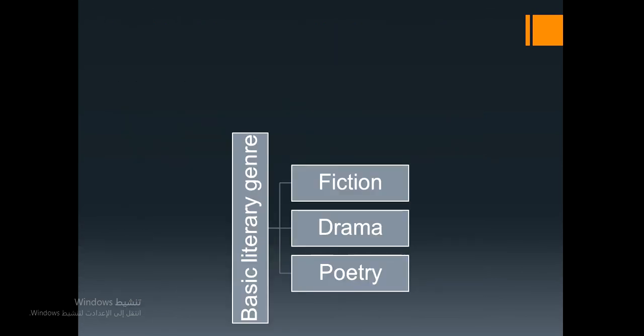Here are some main basic literary genres such as fiction, drama, and poetry. In this chapter, we're going to talk about each genre, each one's stylistics and syntax, and to know about the differences in translating each genre.